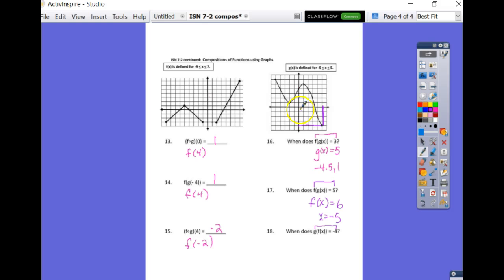So we count down 4. 1, 2, 3, 4. So what's the x value? Positive 1, positive 5. So on the f function then, this is your y value. So I got 6.